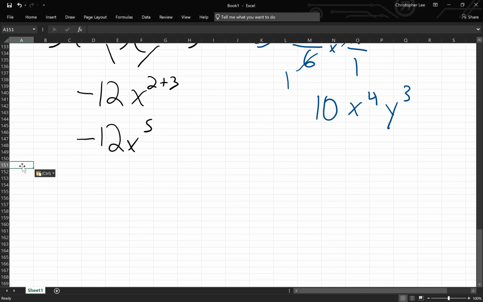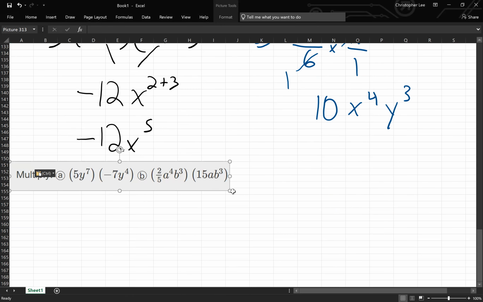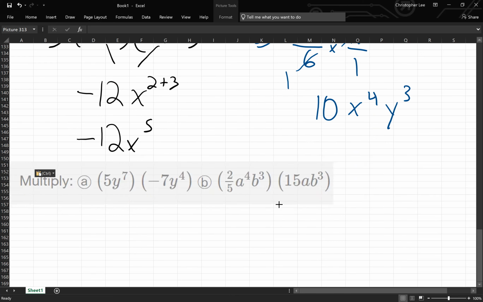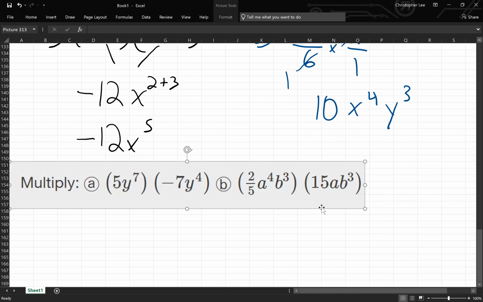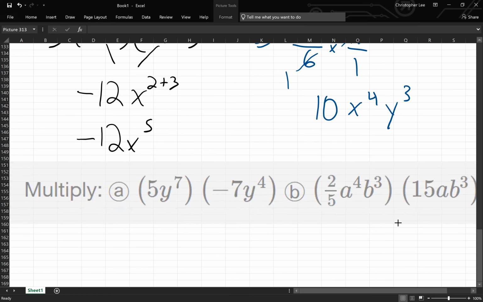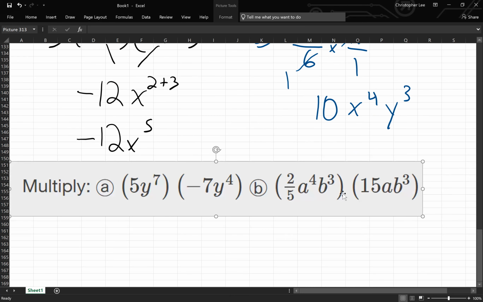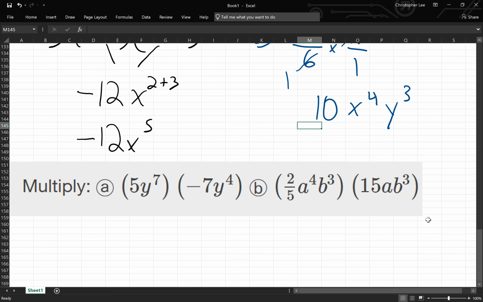This is a topic, multiplying monomials. Try this out. We'll go over it in a minute.